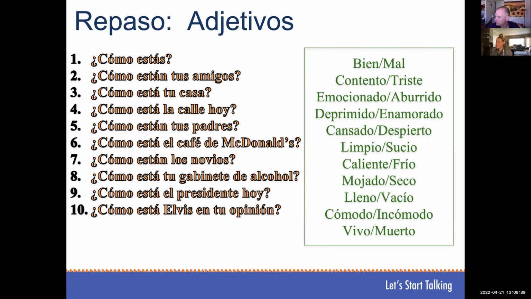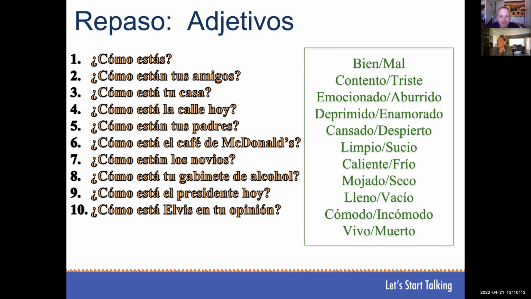Mis padres están contentos. ¿Cómo está el café de McDonald's? El café de McDonald's está limpio, or I guess how would I say full? Lleno. The coffee is full?